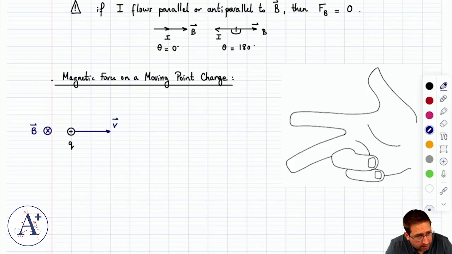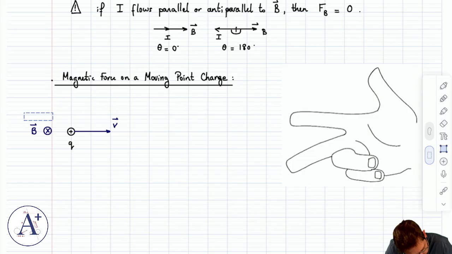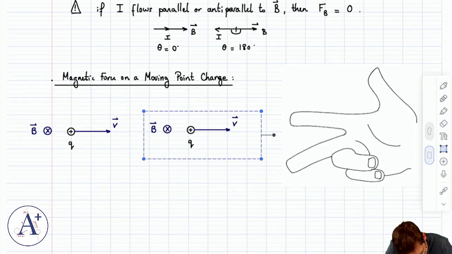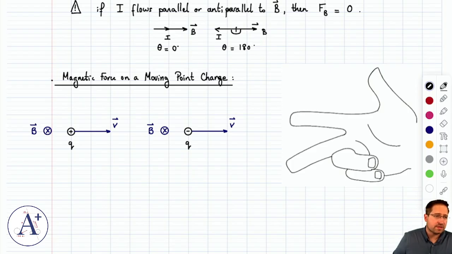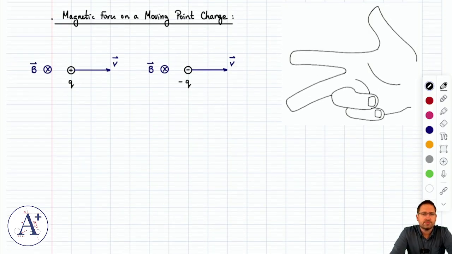Now I'm going to recreate the same scenario. The only thing I'm changing is that Q is now negative. That's going to be a negative charge, so maybe I call it minus Q. That would be a nice way to designate a negative charge.